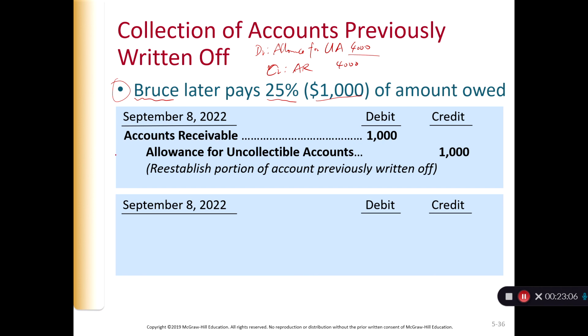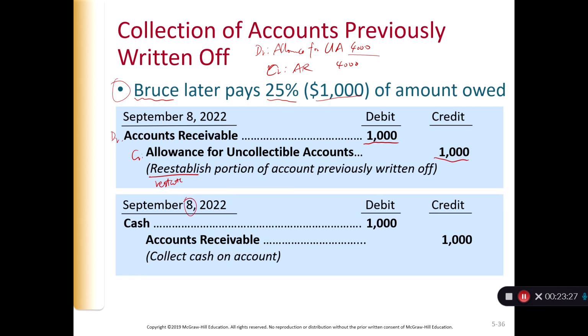First thing, we restate the accounts receivable Bruce owes us, just for the amount that he can pay us, by debiting accounts receivable and crediting allowance for uncollectible accounts. Okay, restate that portion of the relationship. And then when we receive money, we debit cash and we write down the accounts receivable account for 1,000.